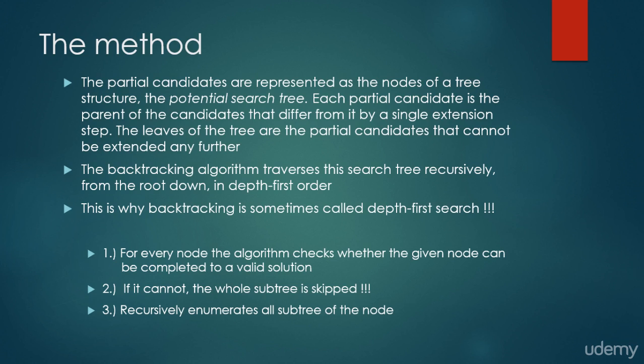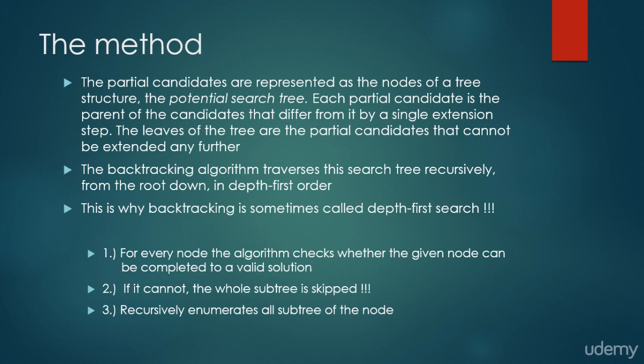The backtracking algorithm has the same principle. It keeps track of which nodes it has visited or not, and because of this it can discard a lot of nodes that have already been visited. So this is why backtracking is sometimes called depth first search.